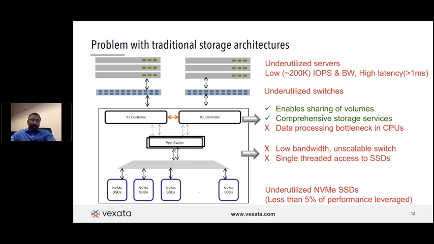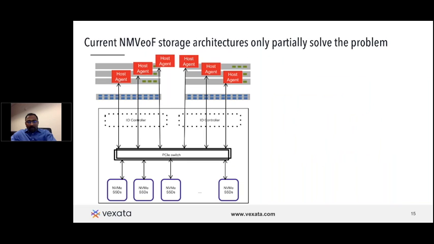So really the only way to solve this problem is to have parallel access to all the SSDs in one shot. And if you go to the next slide, that's exactly what NVMe over Fabrics did.